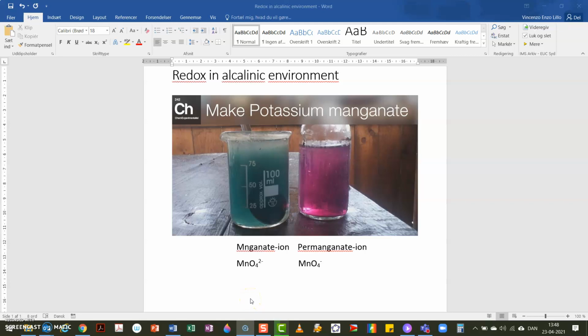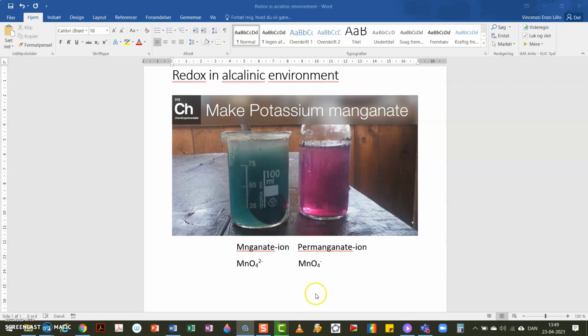So this is a recording which shows you how to balance reactions in an alkaline environment. It means how to use the OH minus when we have to balance reactions. Those reactions happen not by adding acid to the mixture, but by adding bases, for example, sodium hydroxide to the mixture.